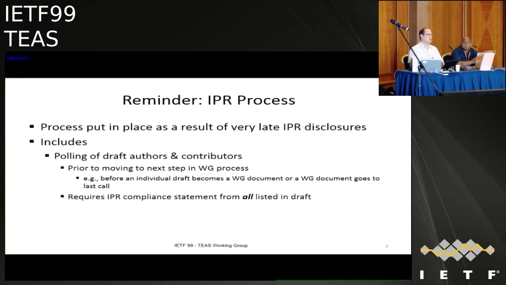Participants are required to respond if they contributed in any way in the new definition, which is if you hum even on a document, you have to respond to this poll saying, if you know of IPR, you need to ensure that you disclose that IPR. Authors are the only ones who have to say that there's no IPR.